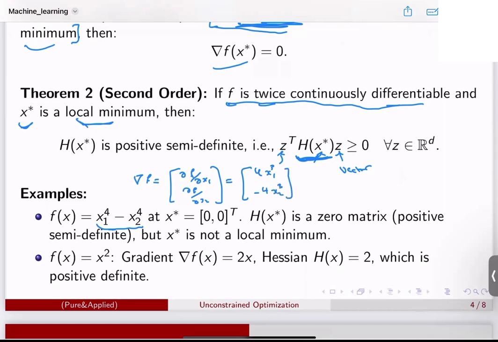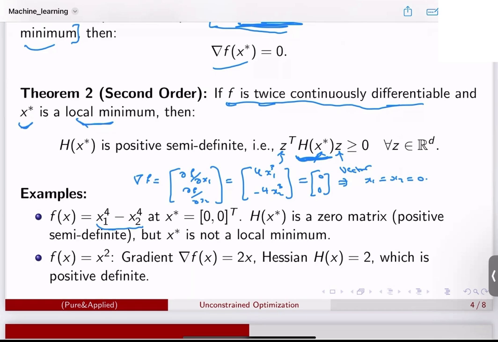Setting this equal to the 0 vector gives us x1 equals x2 equals 0, meaning x star would be (0, 0), so our claimed minimum would be (0, 0), but this claim is false because (0, 0) is not a local min.